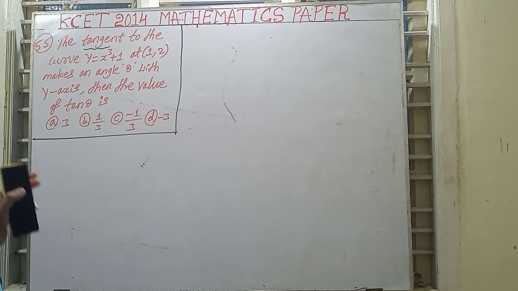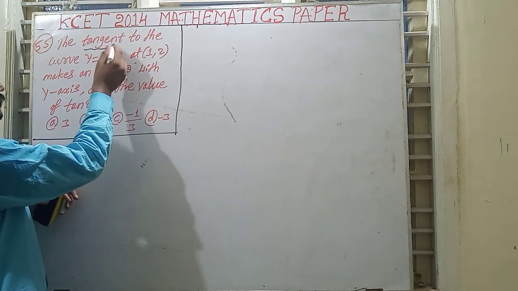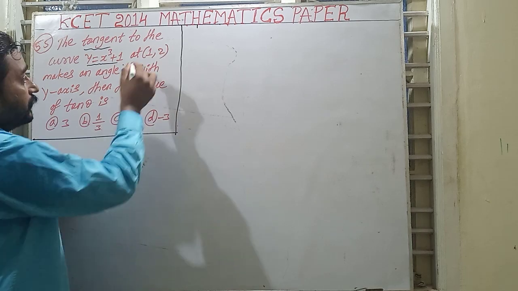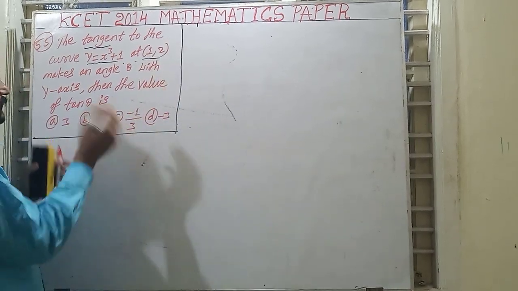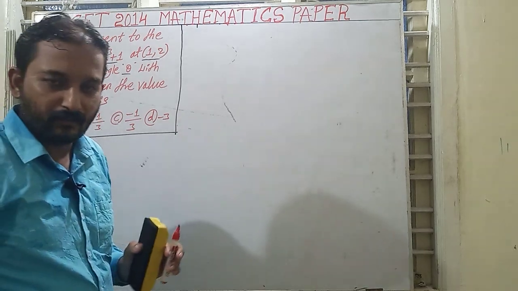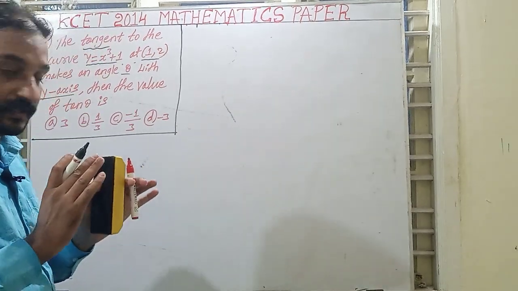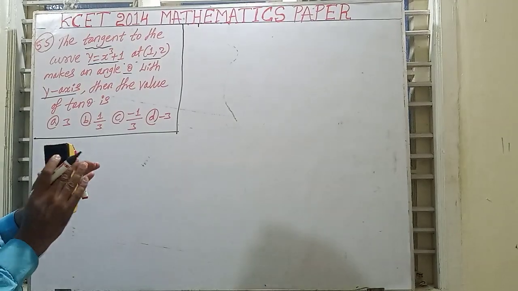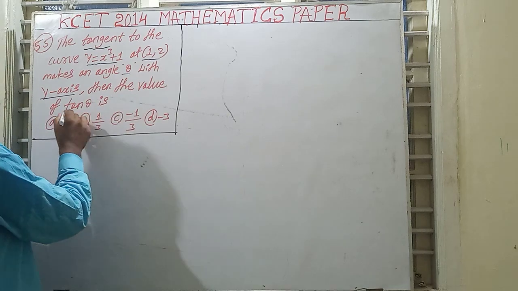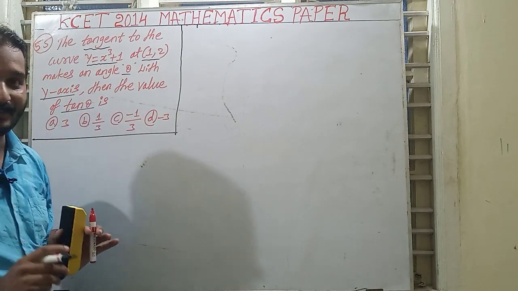The tangent to the curve y is equal to x cube plus 1 at 1 comma 2 makes an angle theta with the y axis, not x axis. Very important fact in this case. Theta is the angle made by the tangent with the y axis. Then we have to find the value of tan theta.